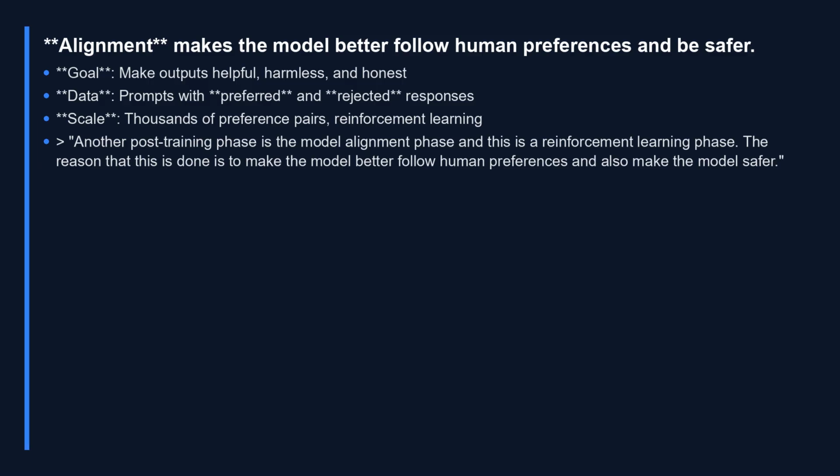Alignment training uses preference data. For a given prompt, you have a chosen response that's preferred and a rejected response that isn't. The model learns to produce outputs more like the chosen ones and less like the rejected ones. This is how you get a model that's helpful, honest, and avoids harmful outputs.